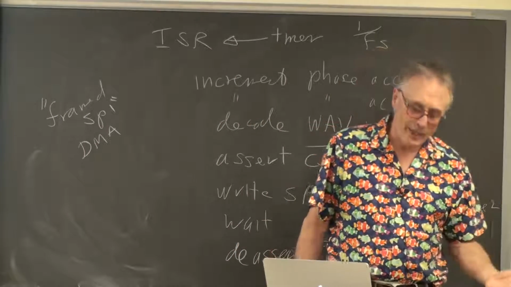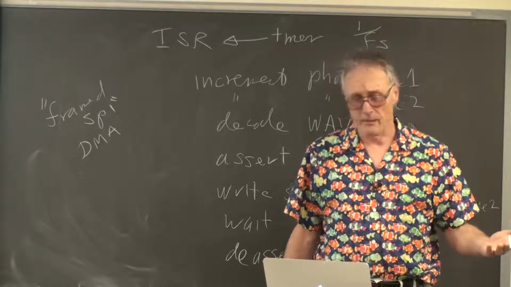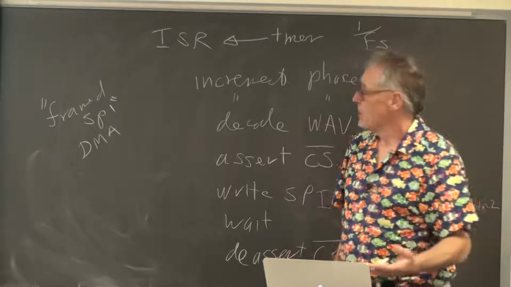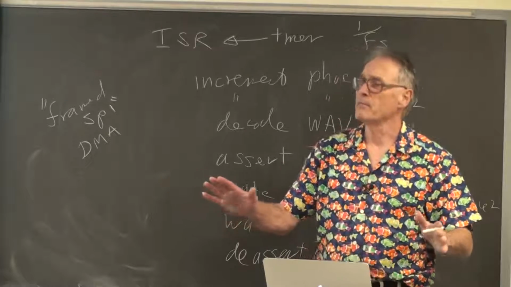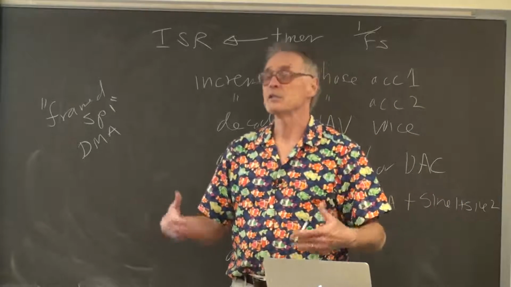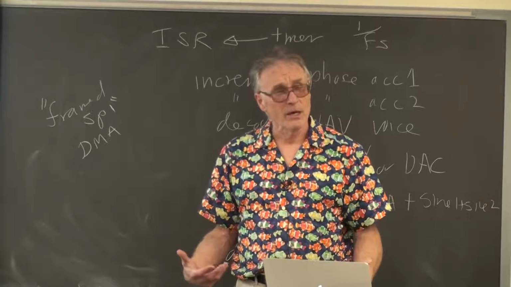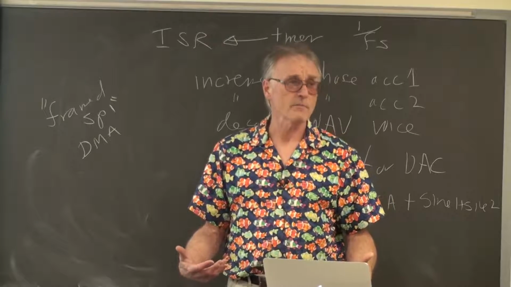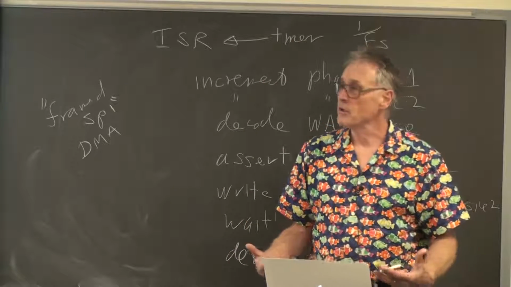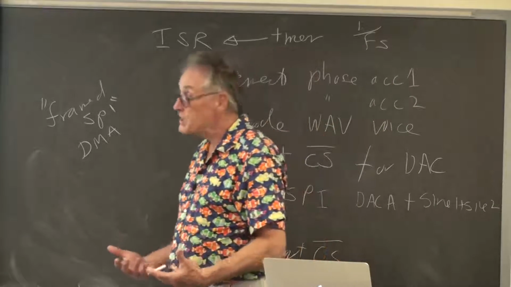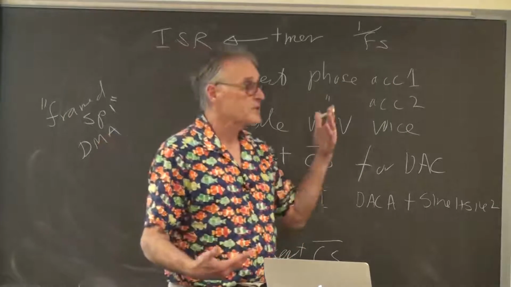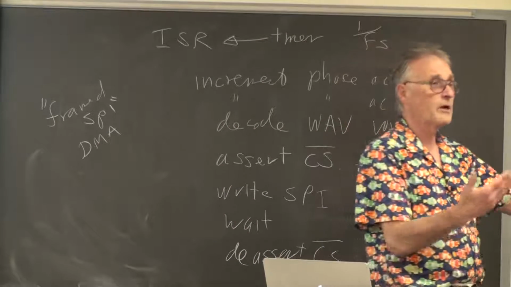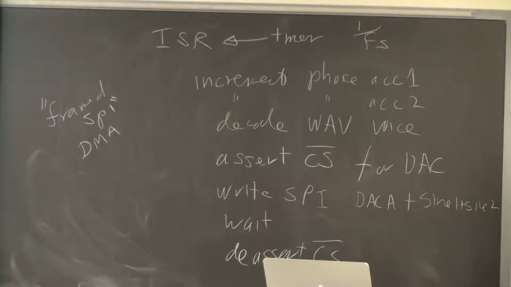Once you set up a DMA channel, I haven't talked about DMA yet, that's sort of next lab, but the background is that the memory system on this chip is not actually a bus, it's a crossbar switch. And so you can have several memory conversations going on at the same time, as long as the start point and the end point are not in common. You just use different points on the crossbar.